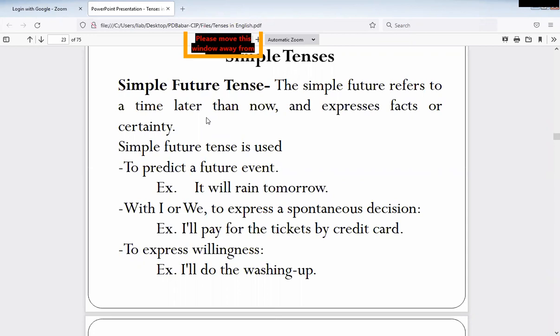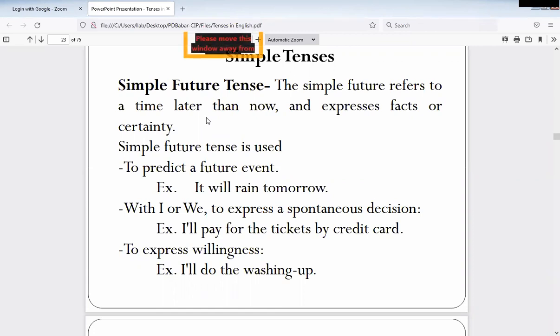I will do washing up, or I will do the dishes today. Here it means I want to clean the dishes. I will do means I want to do, I am willing to do, or I am willing to clean the dishes.